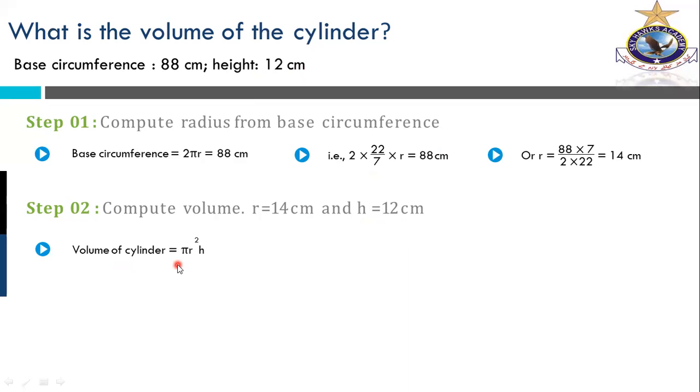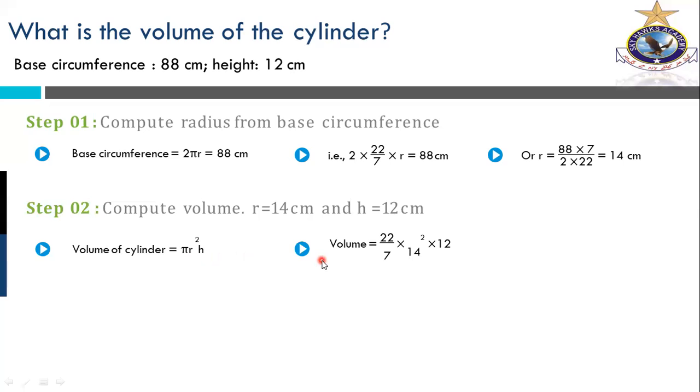As I have told you earlier, there is a circular area, pi r squared, and the height of the right circular cylinder. So it's an appropriate formula to put the values in and get the answer.